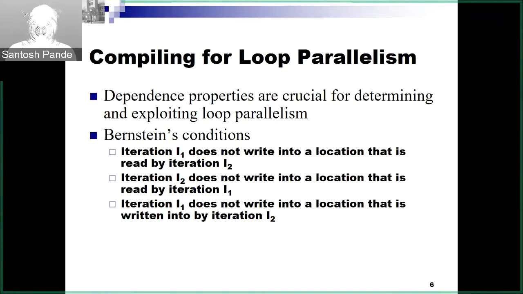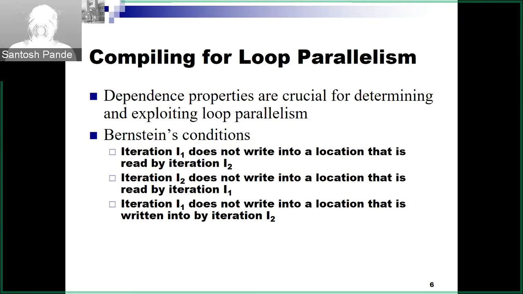Now the second condition is that iteration I2 does not write into a location that is read by iteration I1. Again, let's assume that I1 occurs before I2. Originally in the loop we were reading a particular value out of a particular location, and then writing into that location. So the read was occurring in I1 and the write was occurring in I2.